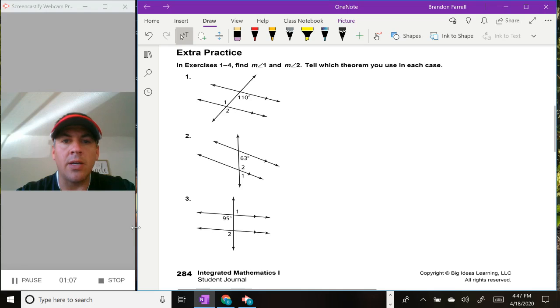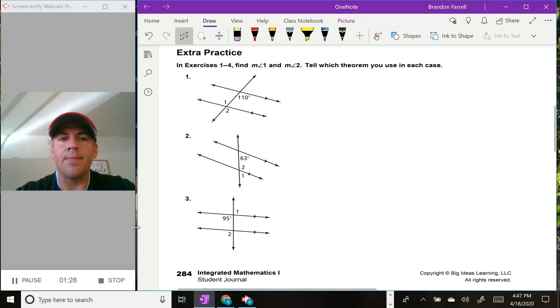If you've done 10.1 and created all of the different pairs of angles, corresponding, alternate interior, alternate exterior, consecutive interior angles, we're going to be able to find what angles 1 and 2 are.